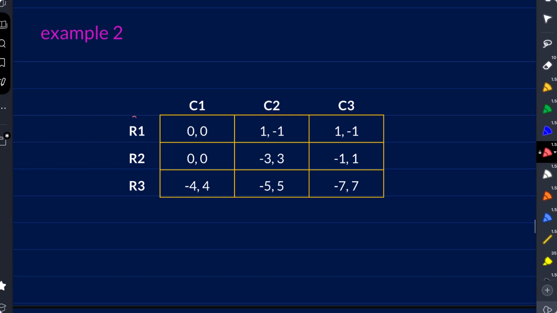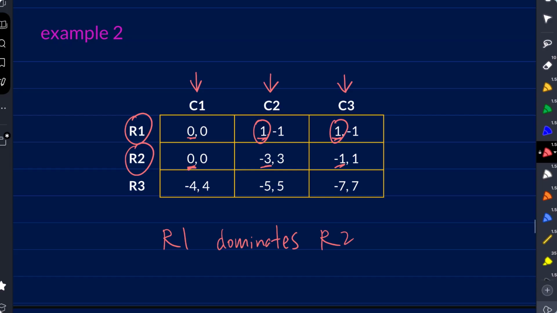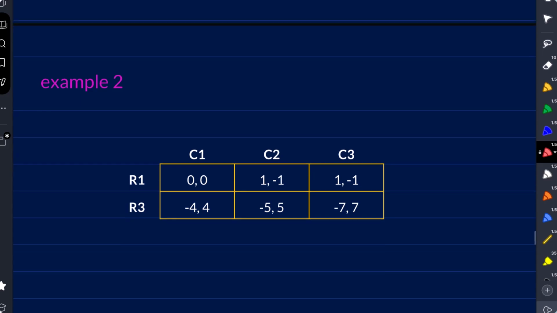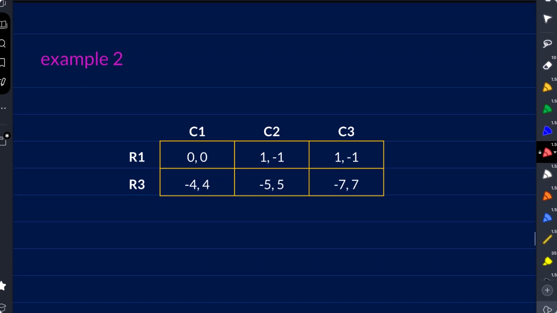Let's look at player 1 again. R1 and R2: if C1 happens, they do the same. If C2 happens, R1 is better. And if C3 happens, R1 is better. So R1 dominates R2, which means this is our table.